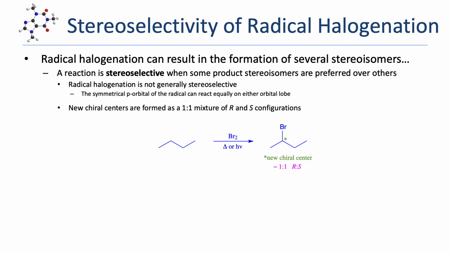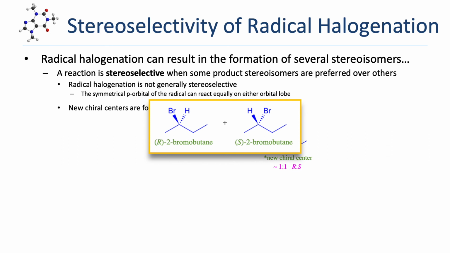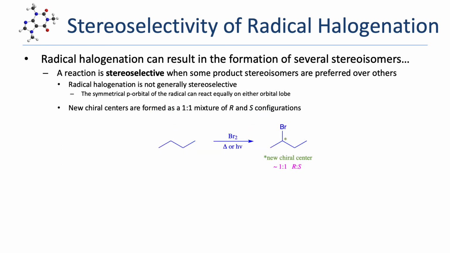So radical halogenation can result in the formation of several stereoisomers. In this case, it could form 2 stereoisomers, the R and the S enantiomers of 2-bromobutane. Remember that a reaction is considered stereoselective when some product stereoisomers are preferred over others. And since this reaction only makes 2 possible isomers, it would have to prefer the R over the S or the S over the R. It turns out that radical halogenation is generally not at all stereoselective.